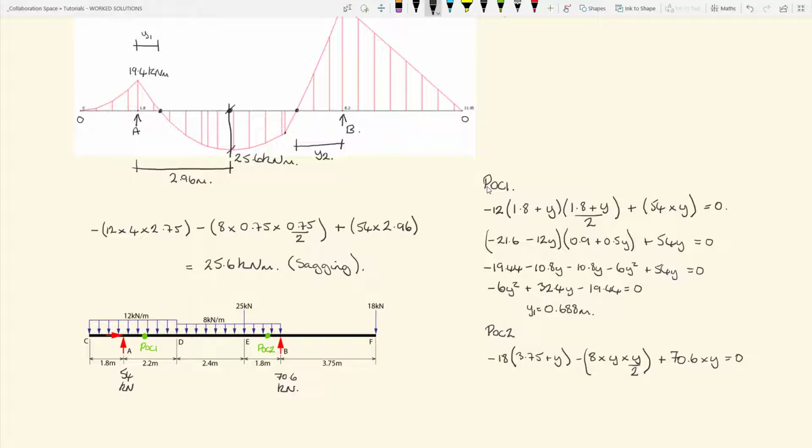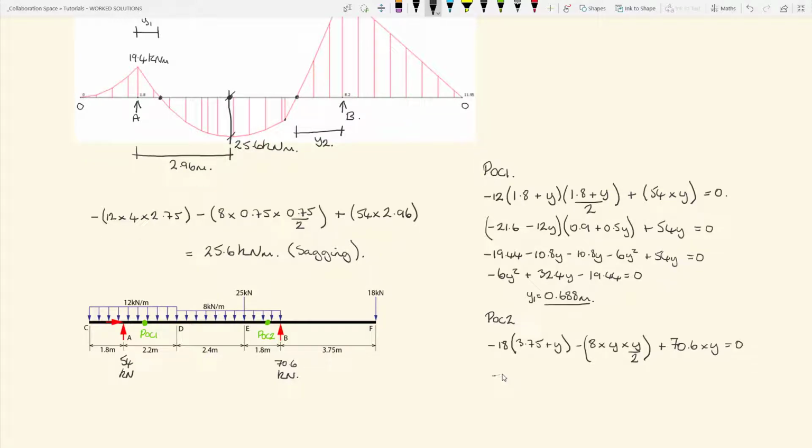If we expand it all out, we end up with minus 67.5 minus 18y minus 4y squared plus 70.6y equals 0.